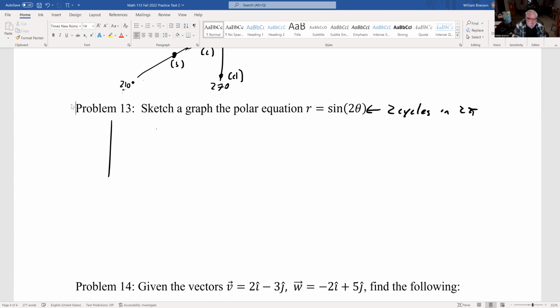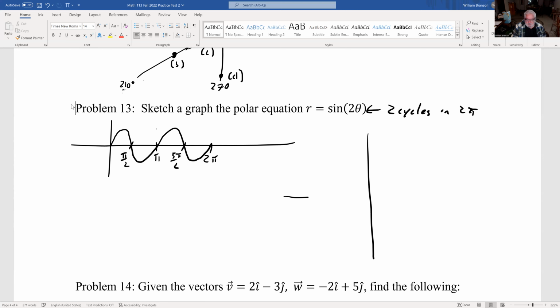So here's 2 pi, here's pi. We do a cycle from 0 to pi, and then we do a cycle from pi to 2 pi. And this is pi over 2, and this is 3 pi over 2. So if we think of the quadrants, this is angle 0, this is angle pi over 2.